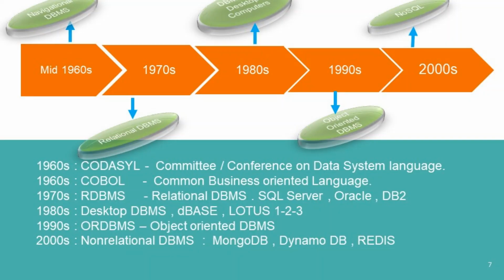In the 1990s, the object relational database, which can be considered an extension of RDBMS, in which the database is considered as an object instead of data, started getting popular.